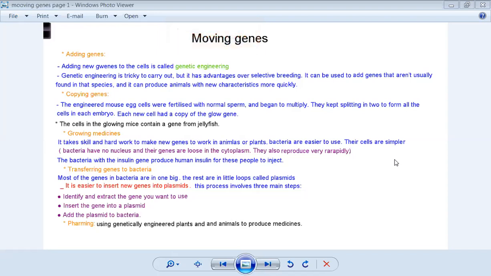They extract a gene from jellyfish, because we know some kinds of jellyfish can glow, and inject this gene into the cells of a rat or any animal they want to glow. But it cannot just glow like this. It will glow under ultraviolet light, okay?